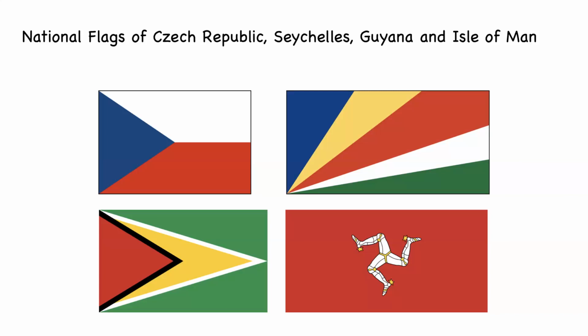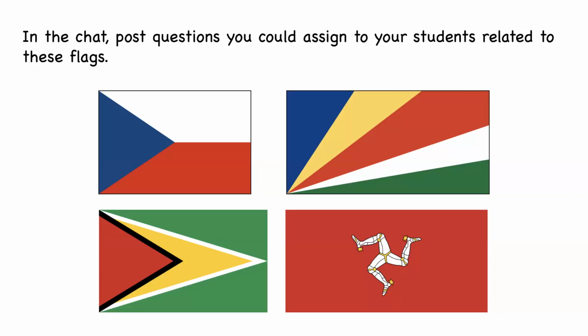So, beautiful flags. In the chat for a moment, with these 4 flags, what could be a mathematical question that you could assign to your students about these flags? Now, this is really tricky to do in a chat. You can't put in equations, and you can't write a book here. So just some brief thought about the kind of thing that you could ask.